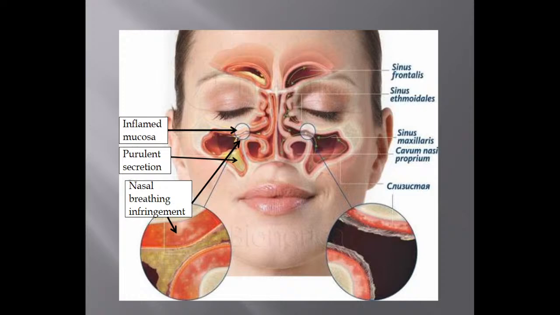And if you see air bubbles, or the boiling symptom of the blood through the alveolus, it means that air goes through the maxillary sinus and through this communication inside the alveolar bone into the oral cavity, and it means that an oral antral communication or fistula is present.